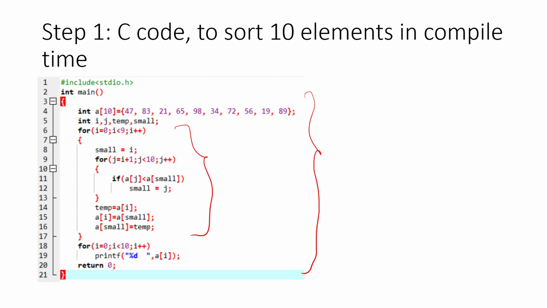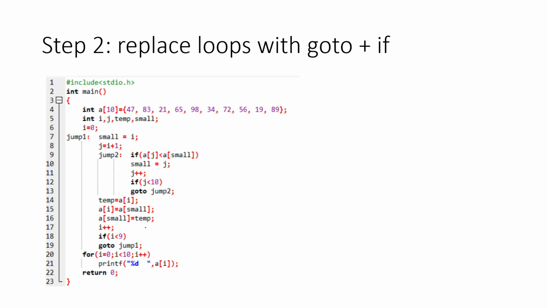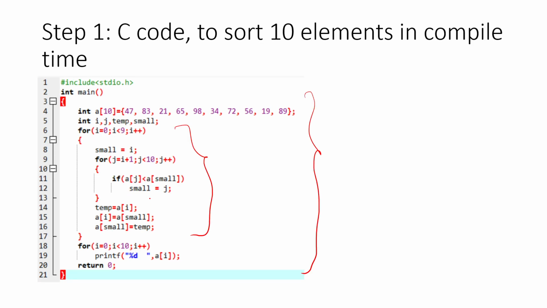Once you are done with writing selection sort, the next part will be replacing all the if statements with goto statements. If you want to know how I have replaced it, you can see here, for I is equal to 0, I is less than 9, I plus plus: simply remove this I is equal to 0 and keep it outside the loop, and you remove the I plus plus.